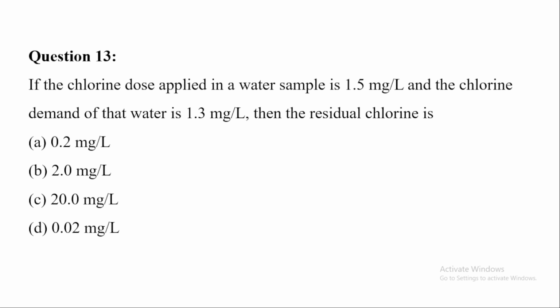So now, if the applied chlorine is 1.5 mg per liter, concentration of applied chlorine is 1.5 mg per liter, and the chlorine demand is 1.3 mg per liter. It's very easy to calculate the residual chlorine. Let's see. So, chlorine demand is equal to chlorine applied minus residual chlorine.